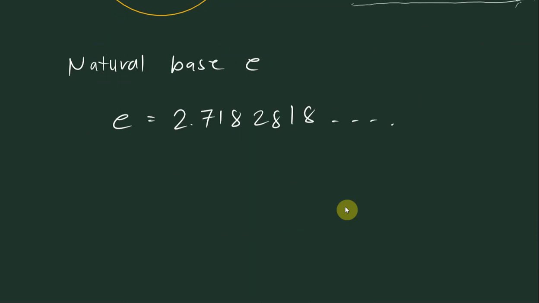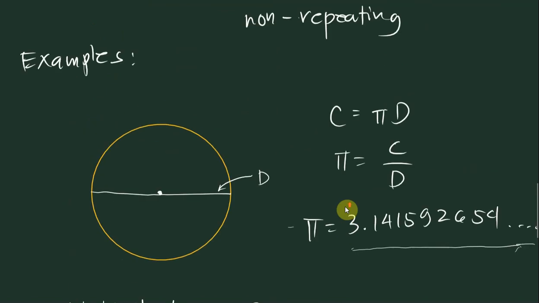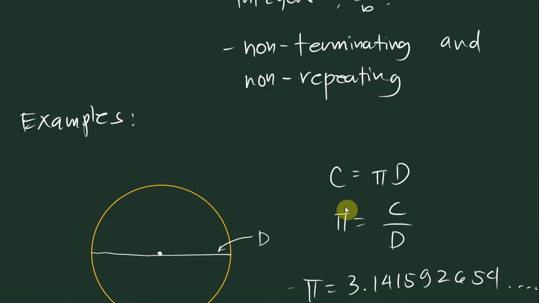It has an approximate value of 2.7182818. It is also a non-repeating decimal, so this will be explained in module 6. Those are examples of irrational numbers. We'll continue in the next video to show the relationship between these classifications.